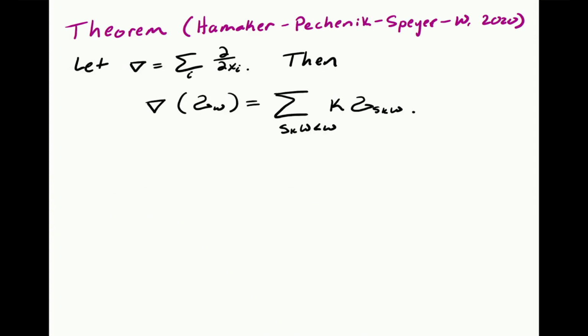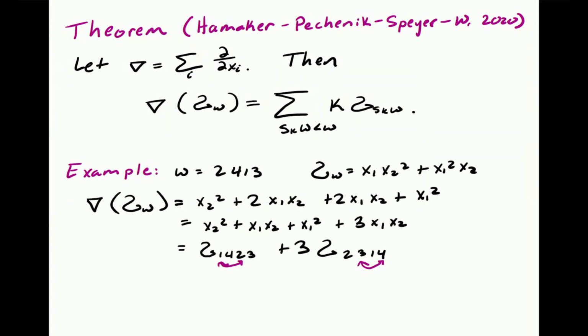Okay, so this was homework for a lot of you, but we have this operator. We can sum up these partial derivatives and get this Nabla operator. And the theorem with Zach Hamaker, Oliver Pechenik, David Speyer is that if you apply this operator to a Schubert polynomial, you get a sum over s_k w less than w, of k times the Schubert polynomials for s_k w.